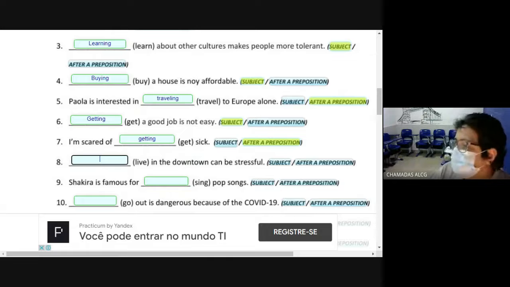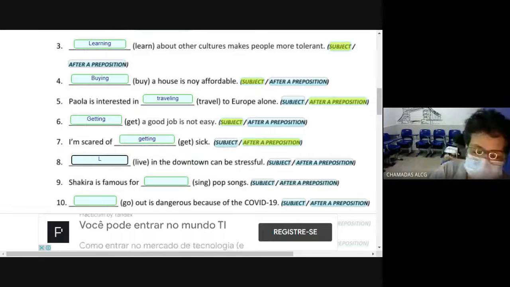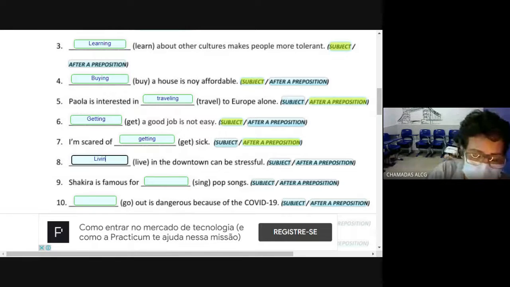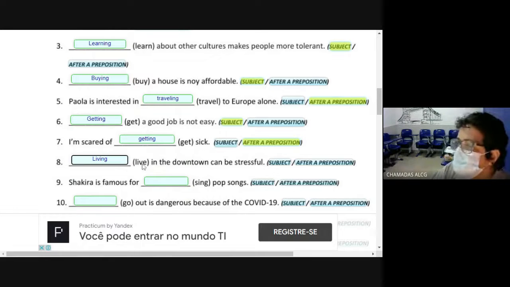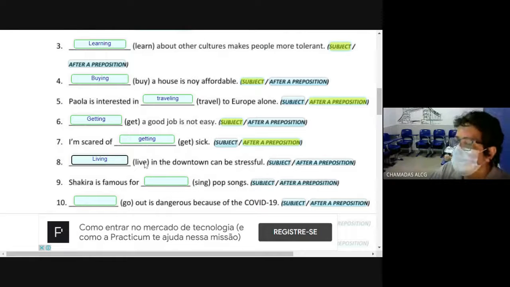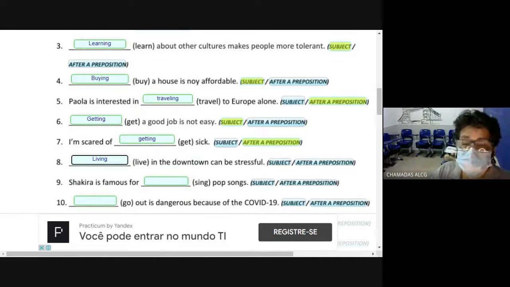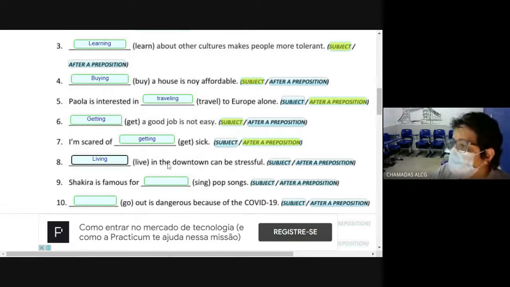Number 8, capital letter, living. Here we drop the final letter, the vowel. So we put ing and we eliminate the final vowel. Okay? Now here, there is a mistake. I will correct.